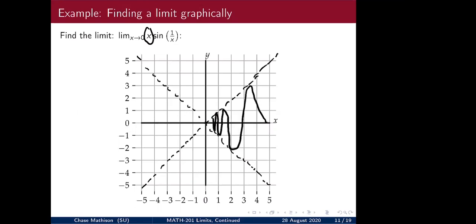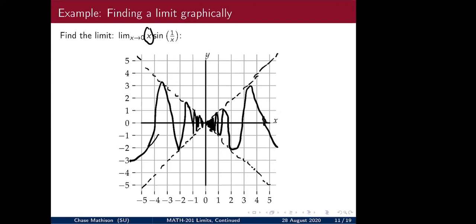It's still going to oscillate wildly, but it's going to shrink down to 0 like that as we get closer to 0. So this is an example where you have wild oscillations, but you still have a limit as x approaches 0, something like that. There we go.